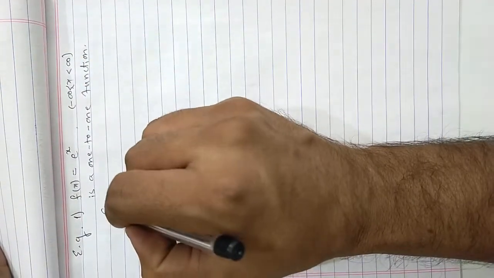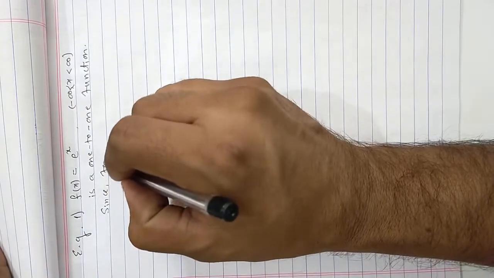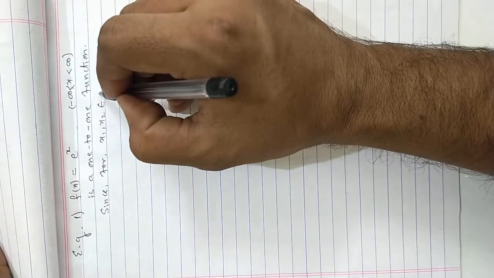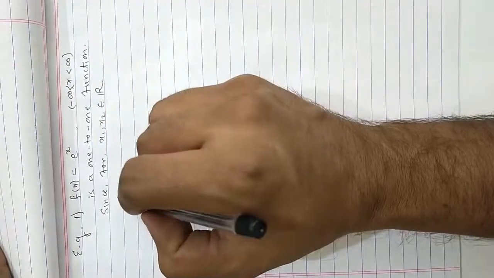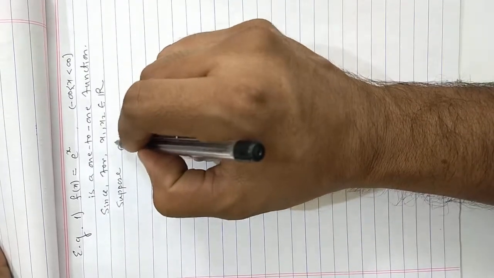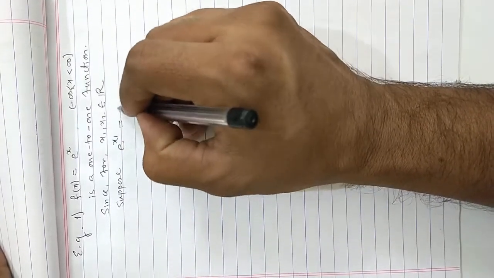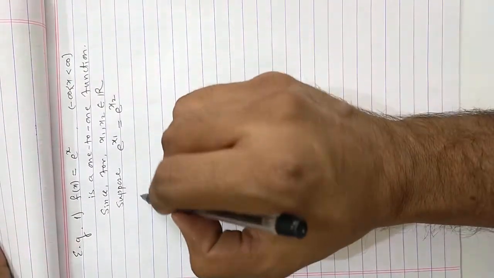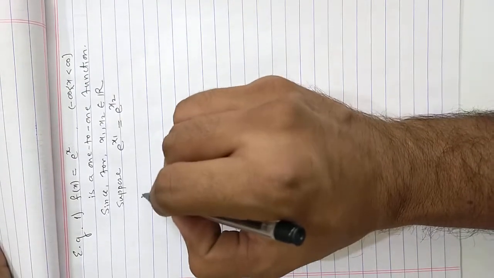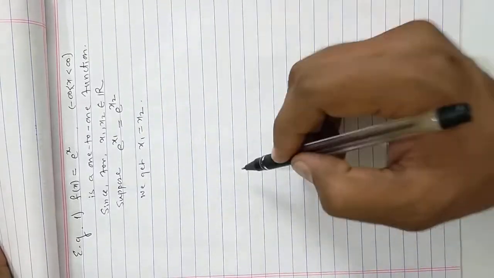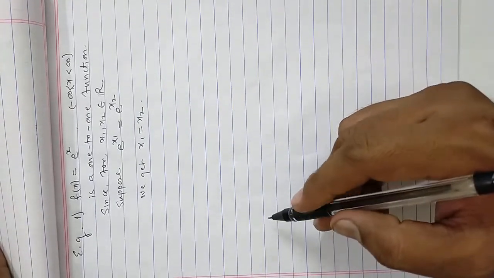Since for x1, x2 in the domain, suppose their images are the same, that means e raised to x1 is the same as e raised to x2, and using the rules of exponents you can simply say that we get x1 is the same as x2, right? So the function is one-to-one.